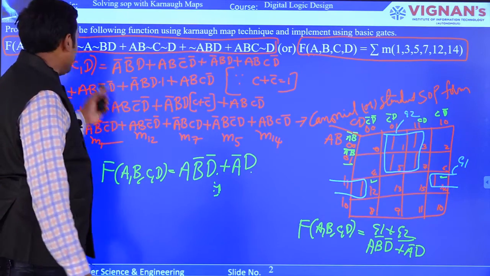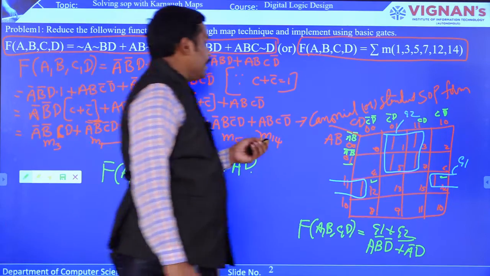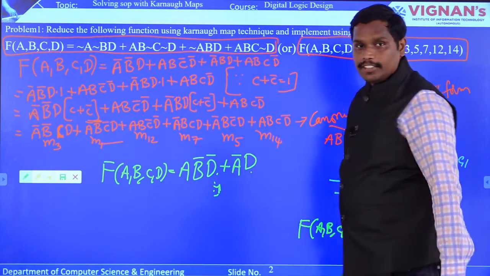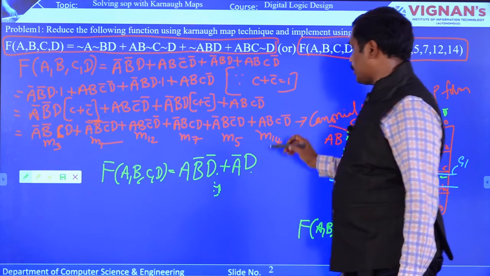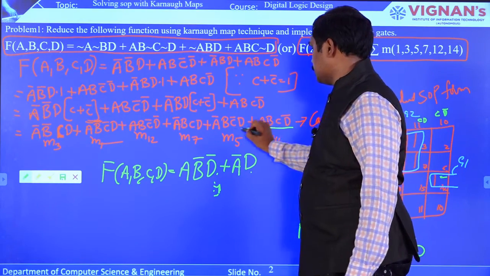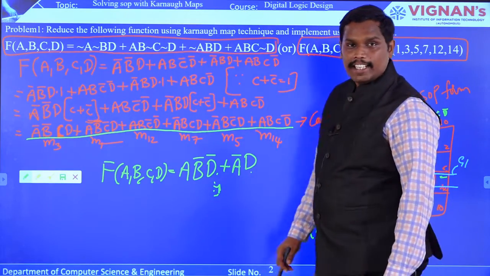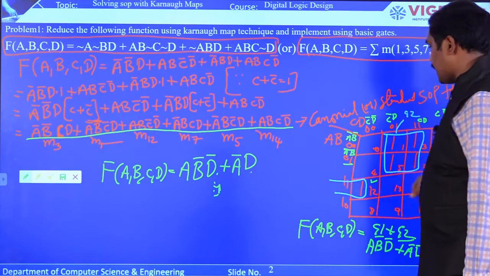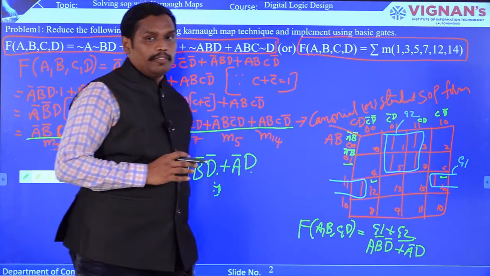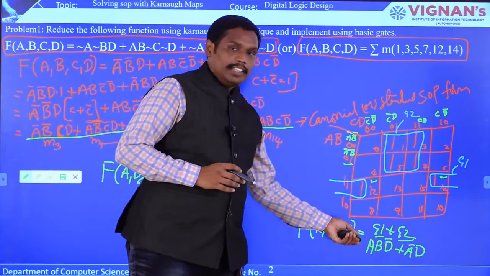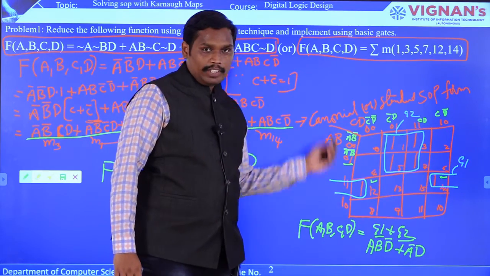So once again I'm repeating it. Whenever the expression is given to you, that is an SOP expression, check whether it is in canonical or standard SOP form. If it is not in canonical or standard SOP form, then you have to derive this expression in the canonical or standard SOP form, and then construct a Karnaugh map, identify the groups of ones, and after identifying the groups of ones, construct the final expression, which is called the simplified Boolean expression for the SOP form.